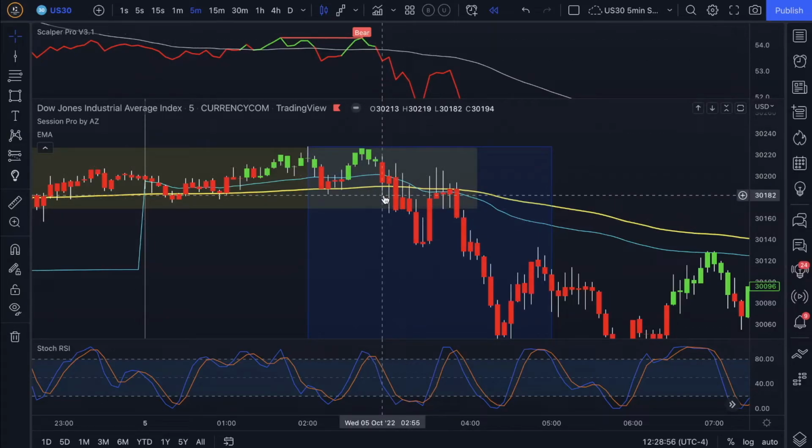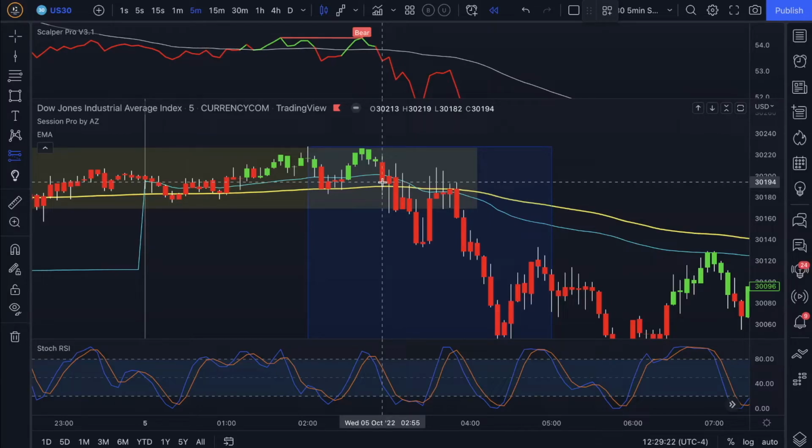So we sit there and wait patiently for the next candle, because price could easily continue back up. On the next candle after this little doji, the Scalper Pro turned bearish, red color, and we also get that red color on the candles. We had our stochastic RSI crossover one candle before that, and that's still alright. Even one or two candles is usually the maximum amount of time I'm giving it.